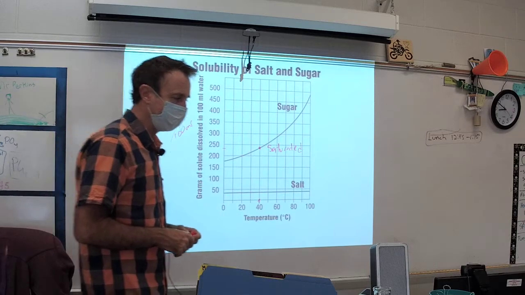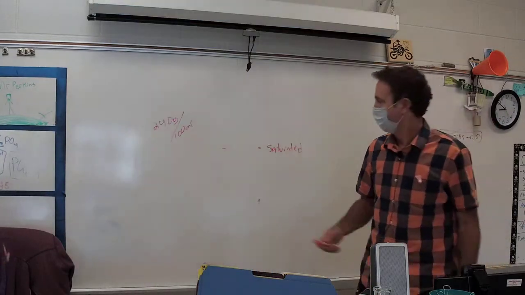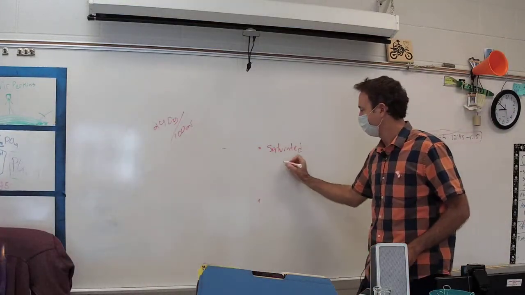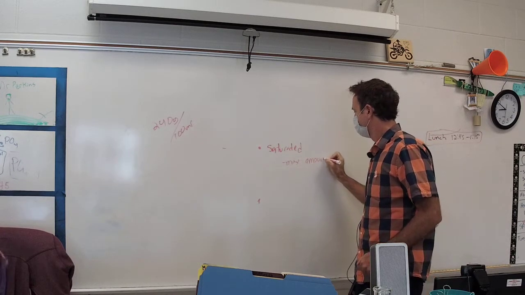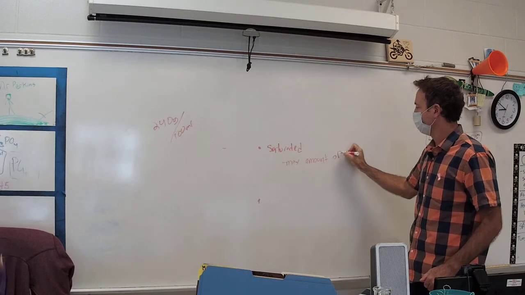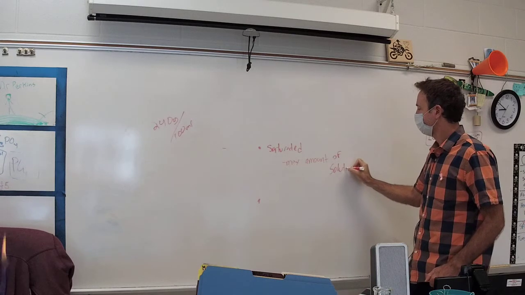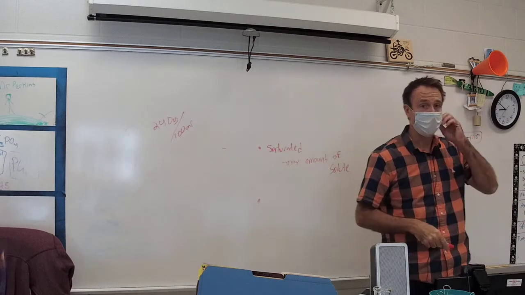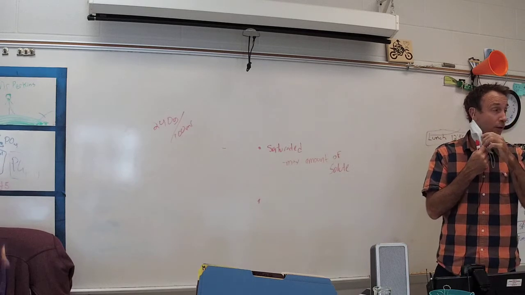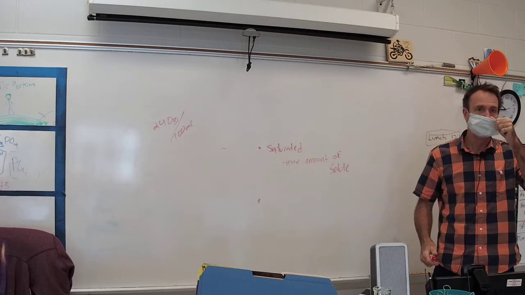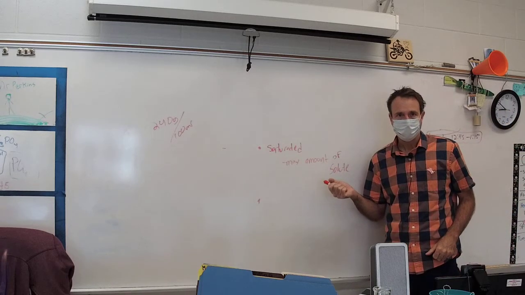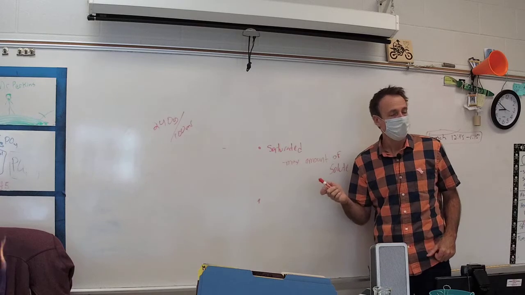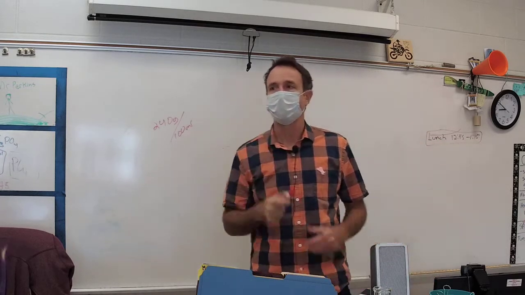If something is saturated, that means it has the maximum amount of solute in it, in that particular volume of water. It means you can't put any more. What would happen if you tried to put more in? It wouldn't dissolve. And you would just see the powder going around in circles. Does that make sense to everyone?